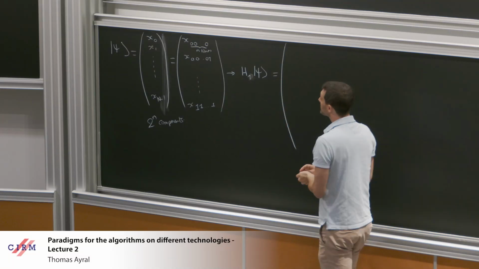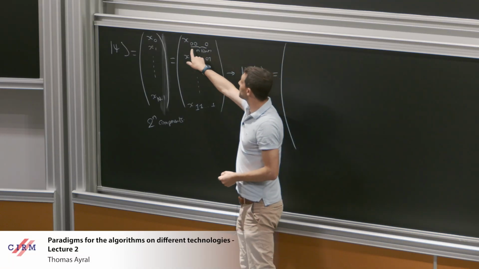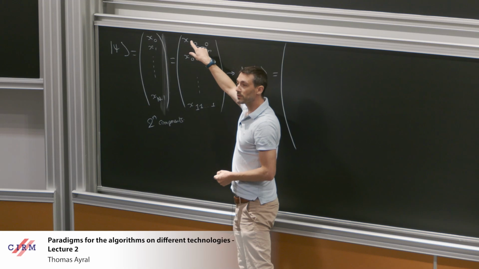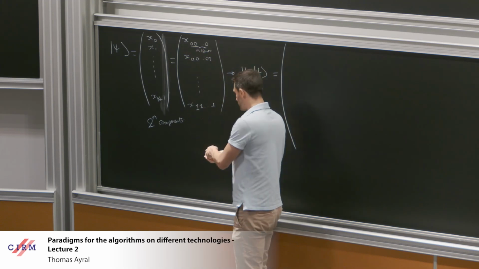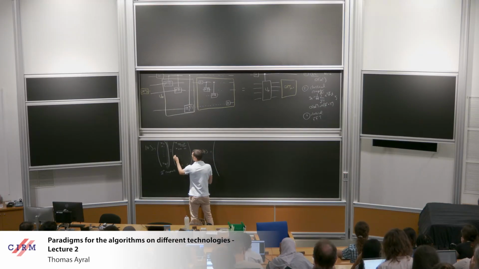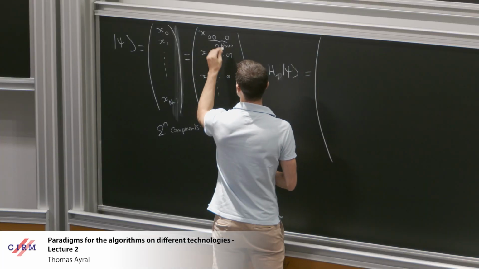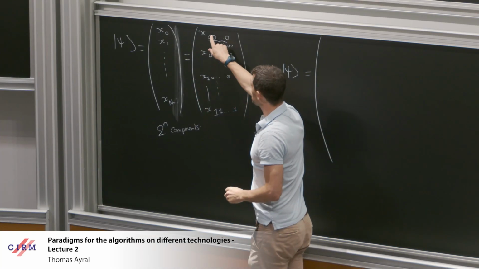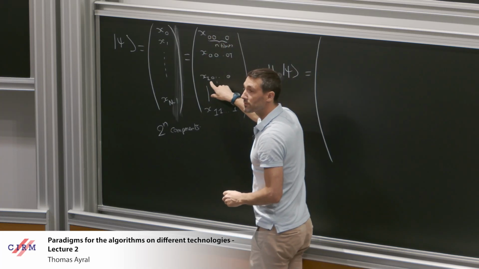So Hadamard means if my qubit is 0, I do 0 plus 1 over square root 2. And if the qubit starts with a 1, then I do 0 minus 1 over square root 2.